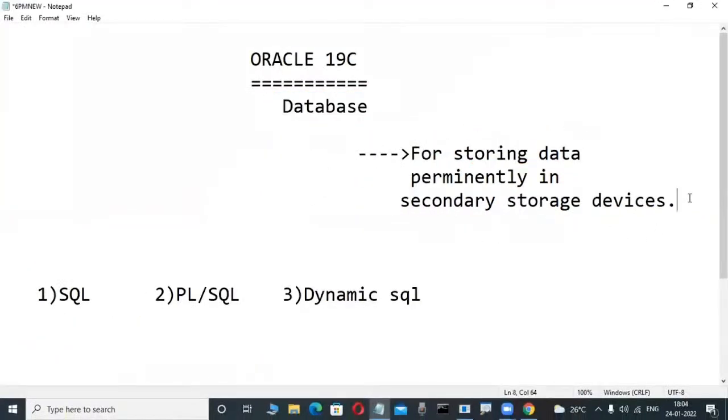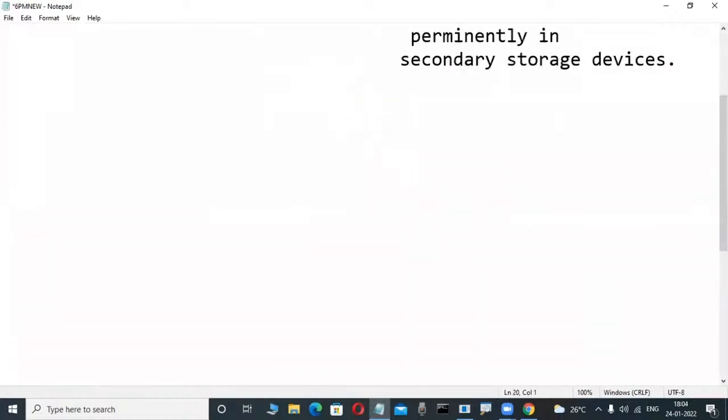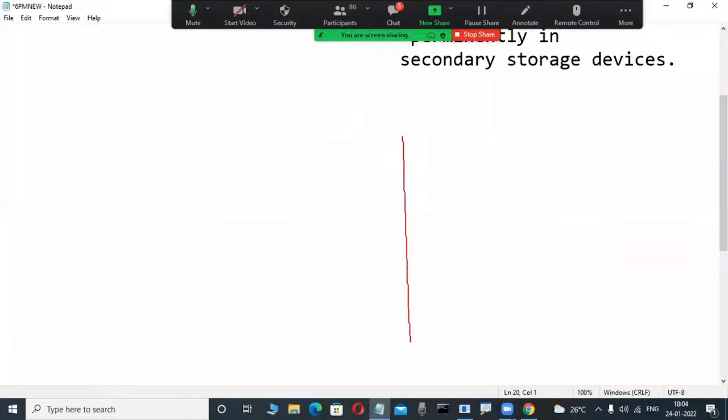As I told in previous classes, database means it is a place. Whenever we install Oracle, SQL Server, or DB2, one place is automatically created. That is called the database.